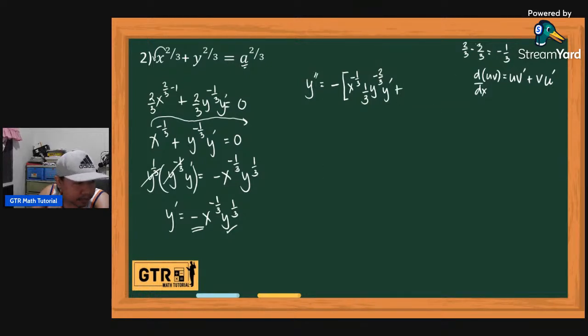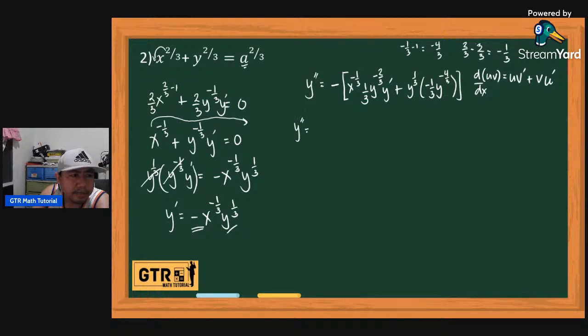So plus v, y raised to 1/3, times the derivative of u. So u is the first term, x raised to negative 1/3. So that is equal to negative 1/3 y raised to negative 1/3 minus 1. So that is equal to negative 4 over 3, because negative 1 will become negative 3 over 3. So raised to negative 4 over 3. Okay, so simplify.